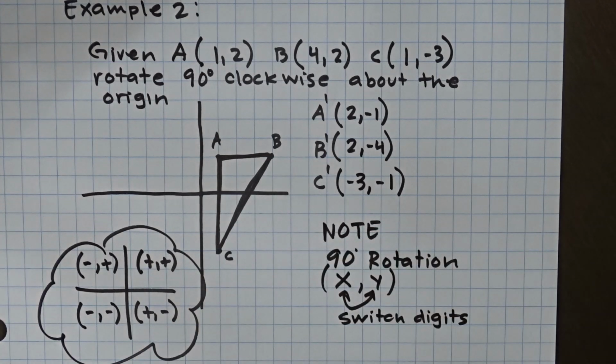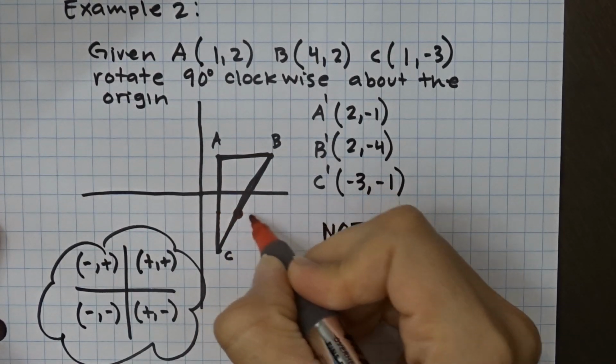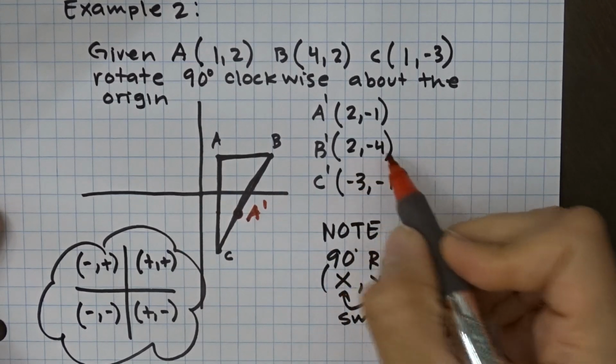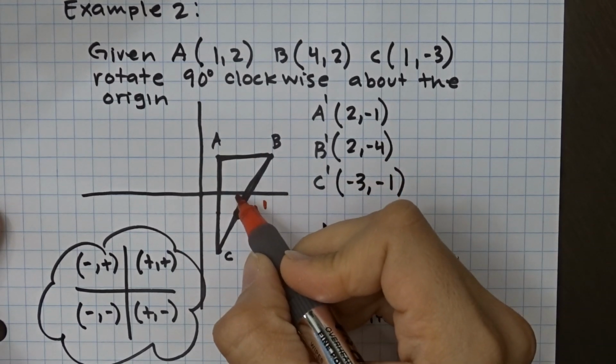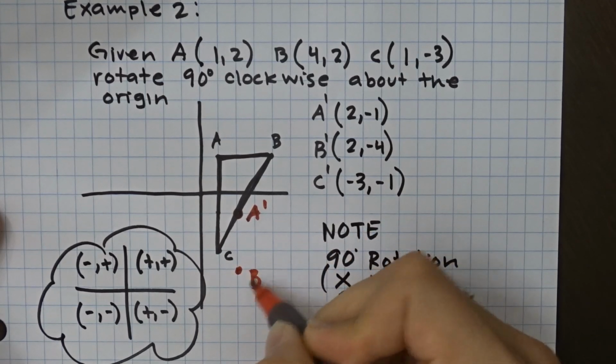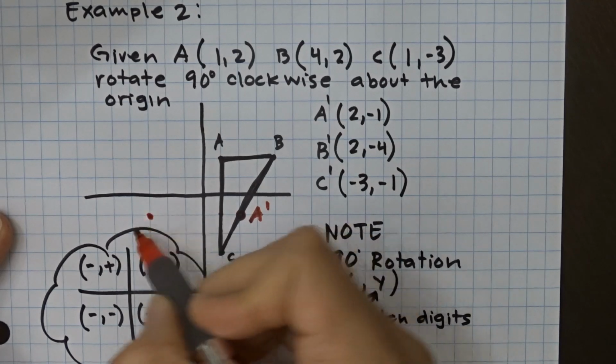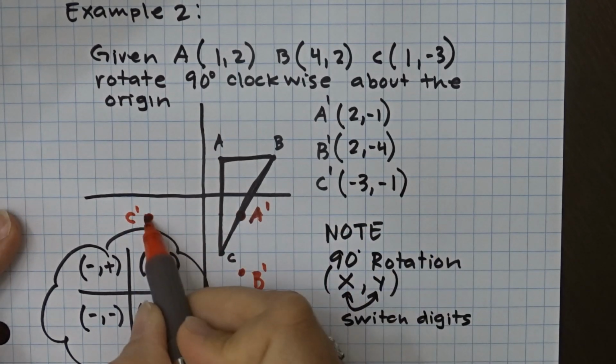Let's do this in red so we don't confuse the original image. That's my A prime. 4, negative 4... sorry, 4, negative 2. That's my B prime. And negative 3, negative 1. That's my C prime.